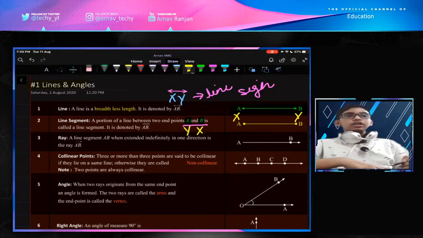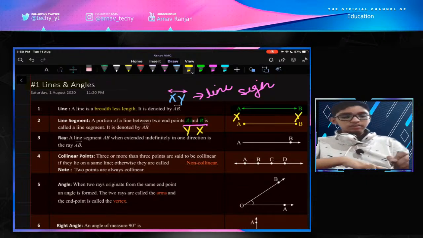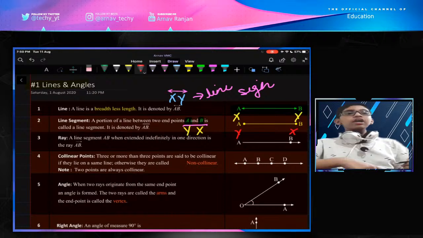I hope you are understanding what I am saying. I will rename it as Y and X. Again, we put a sign of line segment above the alphabet.